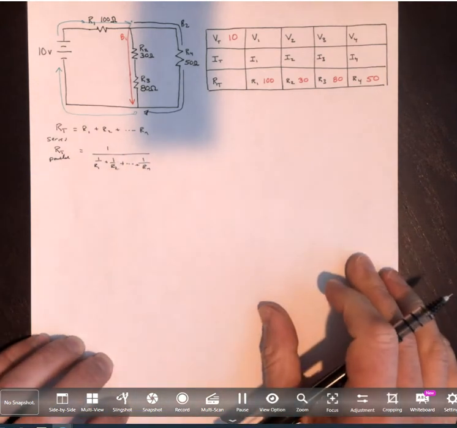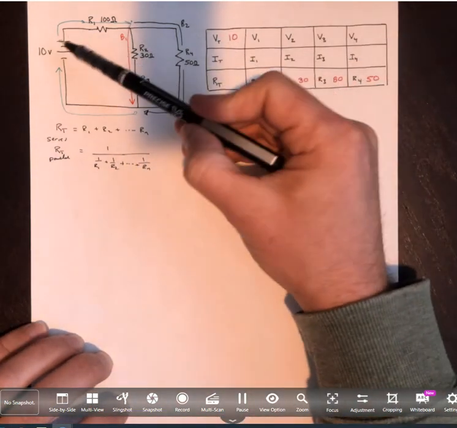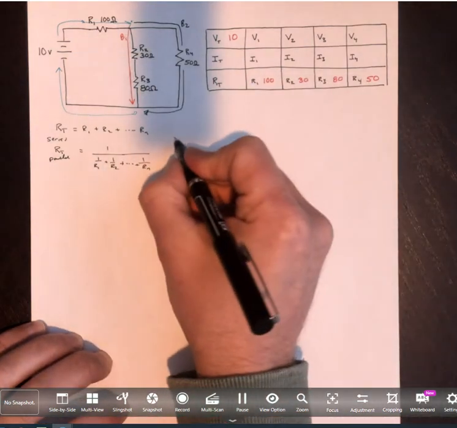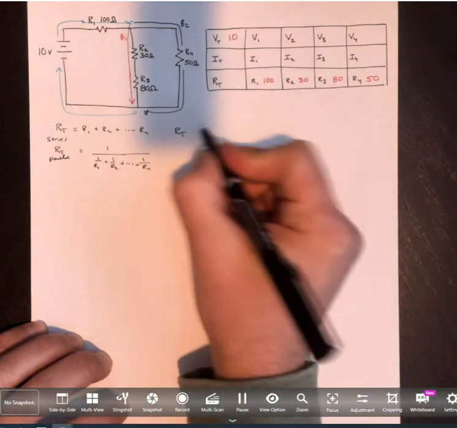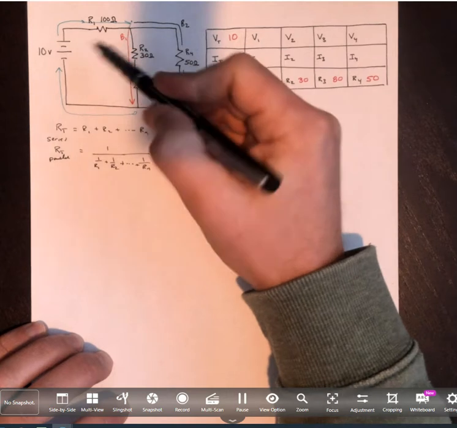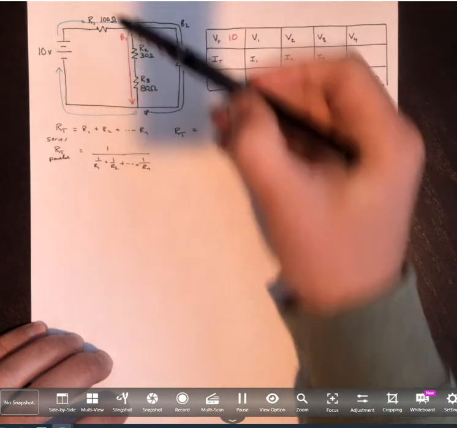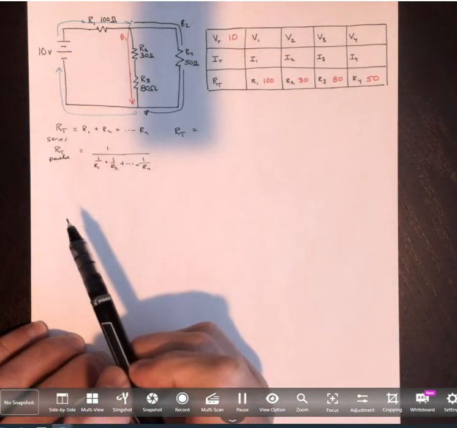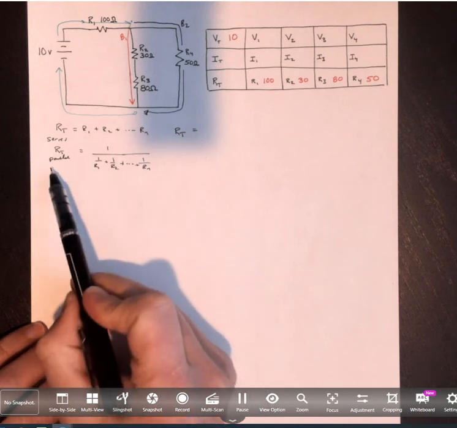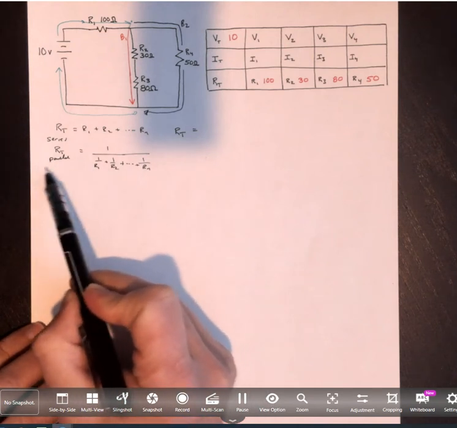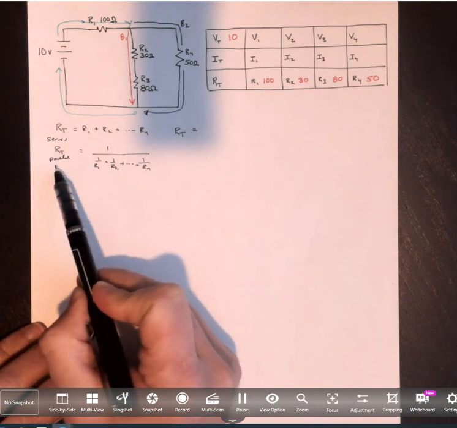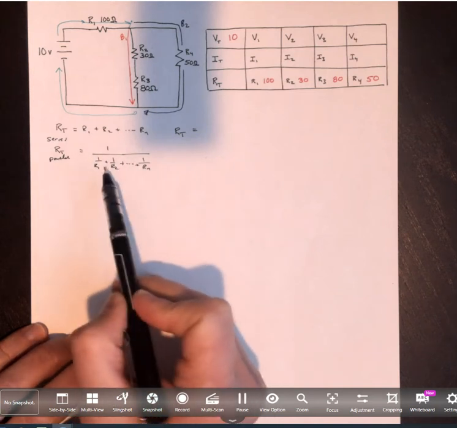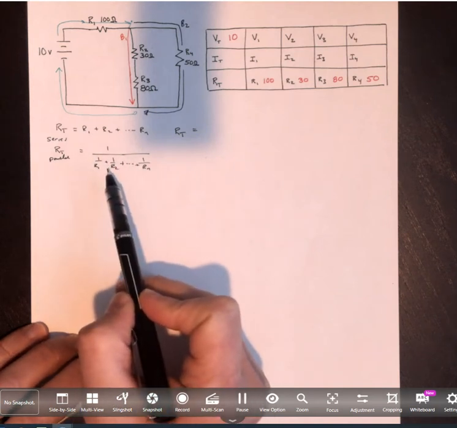So what I'm going to do is follow the path of electricity and think about whether I am in a part of the circuit where I have series, in which case I should simply be adding up the resistor values, or at a section where I have branching, in essence a parallel circuit, where I should be using this formula to calculate the resistance of that section of the circuit.